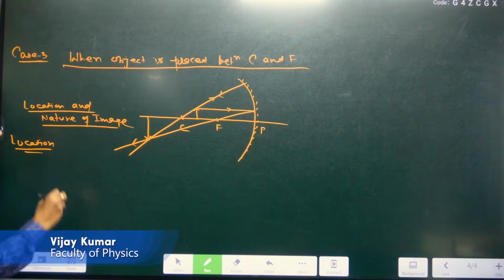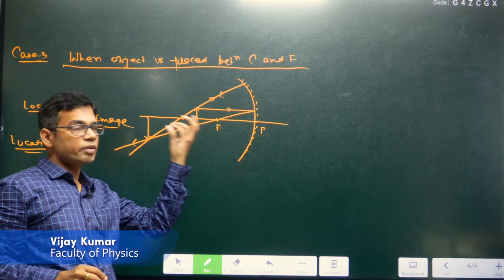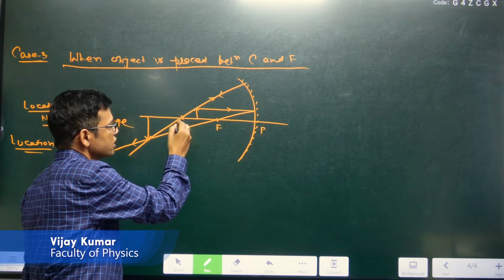So we can analyze that. What is the location of the image? It lies between the center of curvature and infinity.